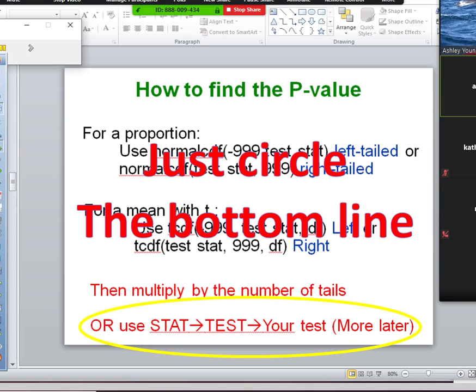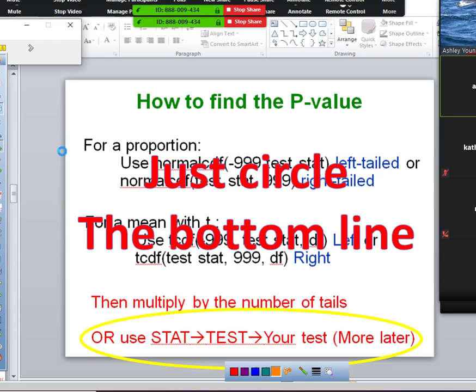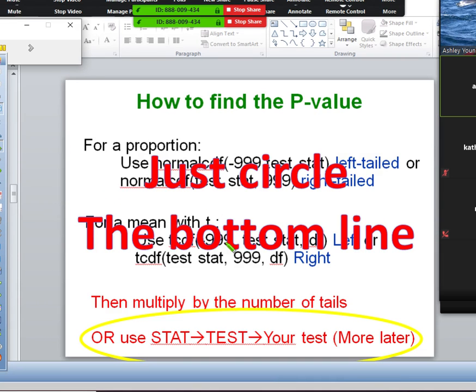So in light of that, since we have limited time, we are going to delete. We're not going to do these parts. I'm not even going to talk about this part, but do circle this bottom part. To find the p-value, we're just going to use STAT TESTS and then your test. So it's on your handout. There's two statements. Just put a line through that middle part and underline that bottom part down here.